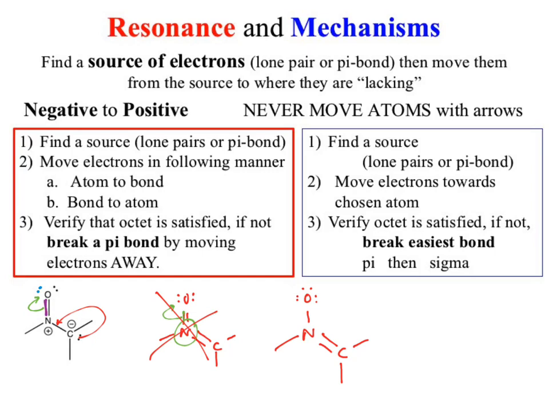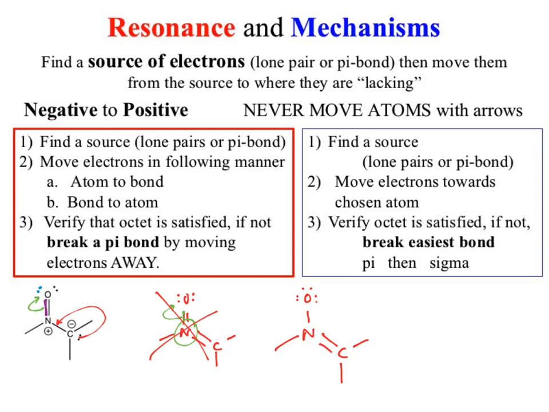Nitrogen started positive. It's got a bunch of arrows going around it, so that could be challenging. Do you want to look at that one first or the oxygen? Okay, well, we'll start there. What happened to the nitrogen? Nothing happened to it. Arrows came towards it, which means it gained electrons. And arrows went away from it, which means it lost electrons. What's the net result? Nothing. So what should happen to its charge?